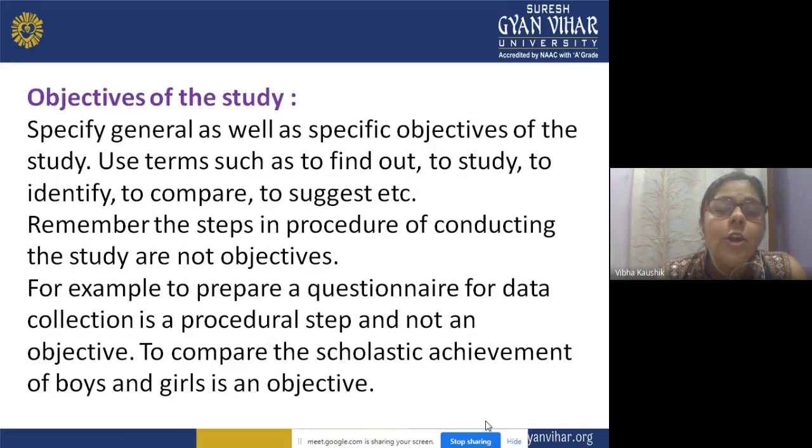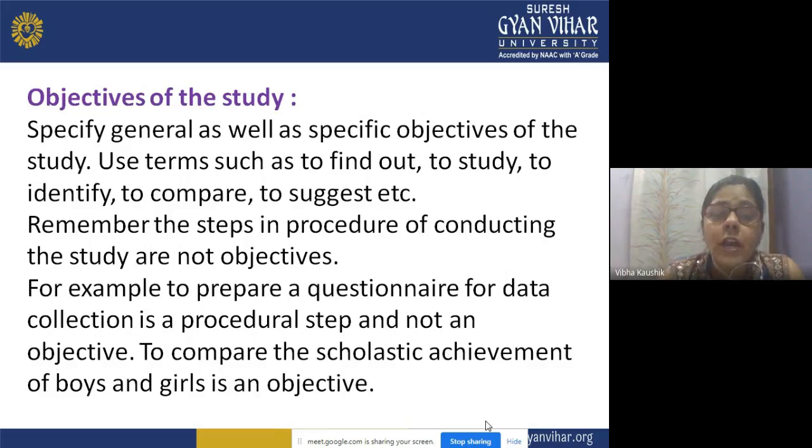For example, to prepare a questionnaire for data collection. A questionnaire is a set of questions, and on the basis of those questions, you will be able to collect the data, collect the information. A questionnaire for data collection is a procedural step and not an objective.